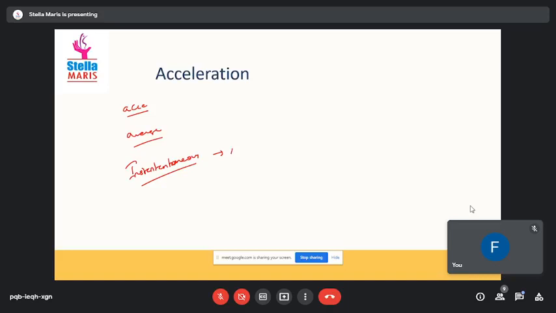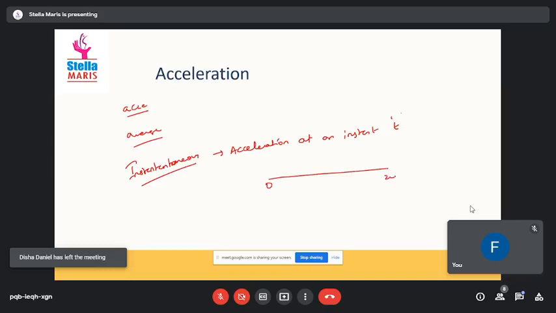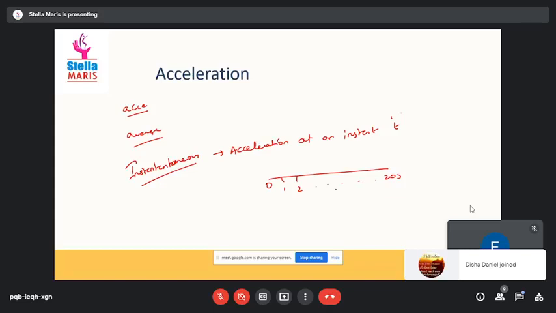That is nothing but acceleration at an instant t. For example, let's say 0 to 20 seconds.